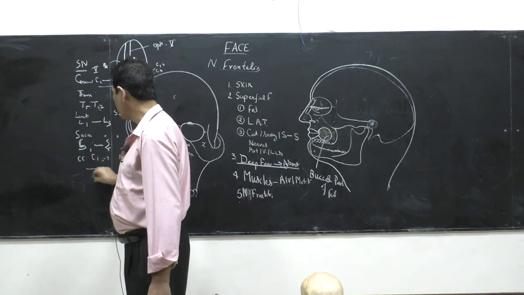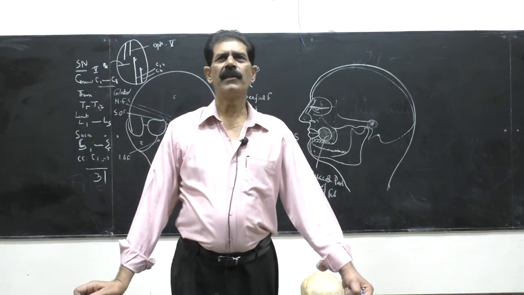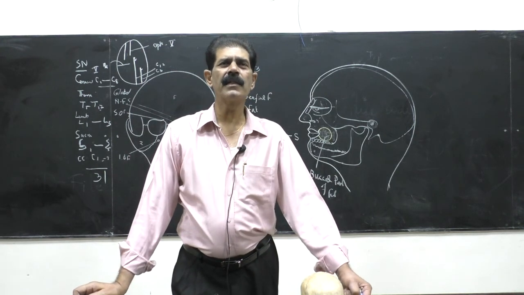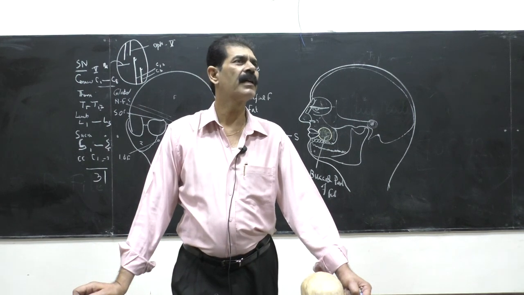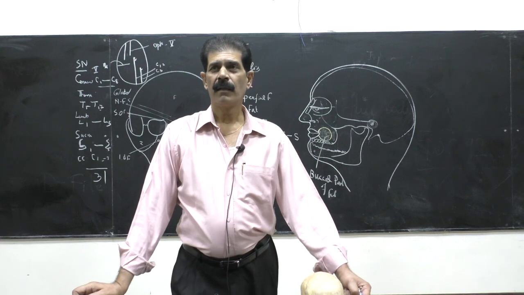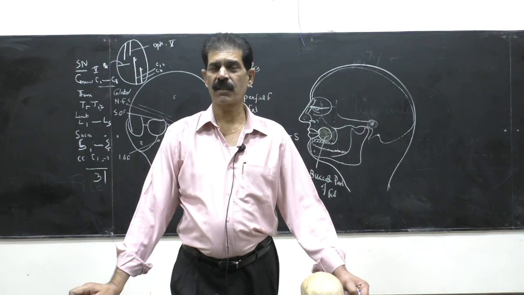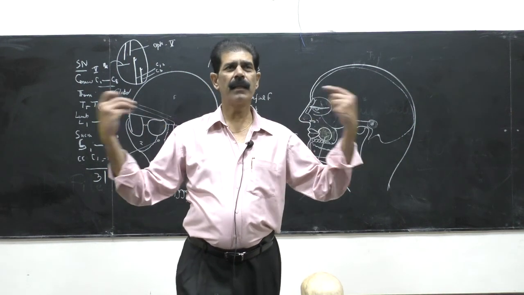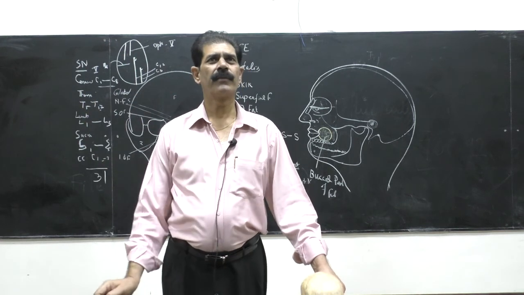Total is 31. So you have to remember the names of all 12 cranial nerves, which is 7, which is 5, which is 8, which is 9. This should be on your fingertips. All cranial nerves, the number. Same is the spinal. There are total 31 pairs of spinal nerves, and they supply the muscles from head to toe, and the neck is also supplied by these.